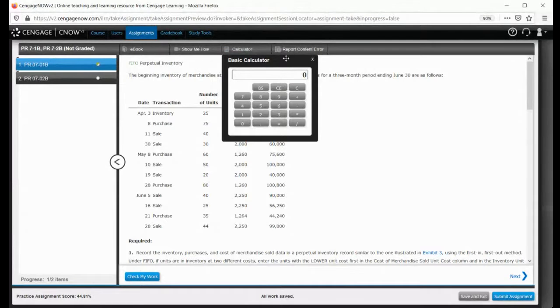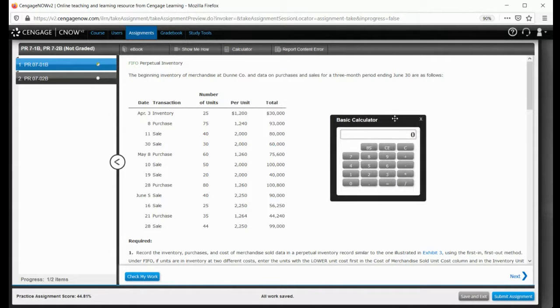So I'm going to clear out my calculator and I'm going to move it down here to where it's out of the way. Look at each one of your sales transactions. Notice they totaled up the amount of sales for you. So we're going to add up all sales that happened this 3-month period of time. So I'm going to start with the April 11th sale, which was $80,000. I'm going to add that to the April 30th sale, which was $60,000.